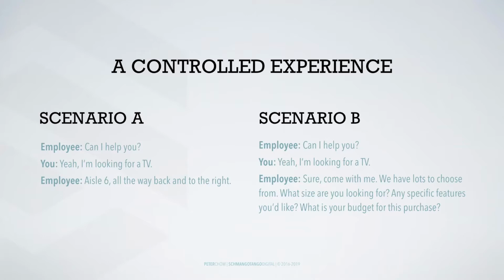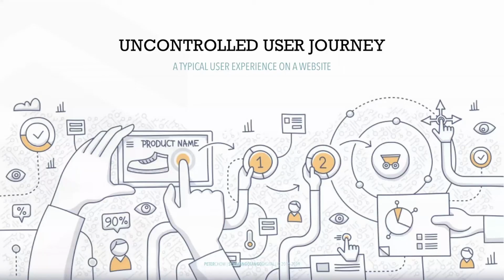So a little bit of expertise, a little bit of information from someone who knows will go a long way, will help. Okay, so that creates a brand new user experience, and that's what I mean when I say user experience. Now, in the usual scenario A, this is what I call the uncontrolled user experience.